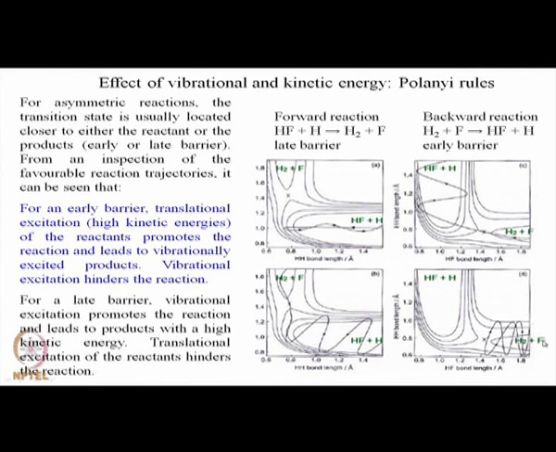You see, that is H2 plus F giving rise to HF plus H. So for an early barrier, vibrational excitation corresponds to hindrance of the reaction, but translational excitation leads to the product with vibrational excitation.